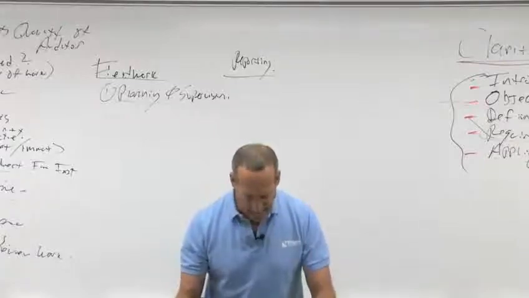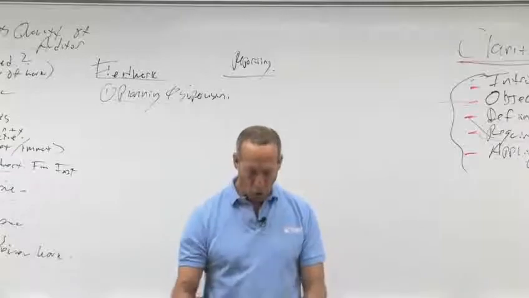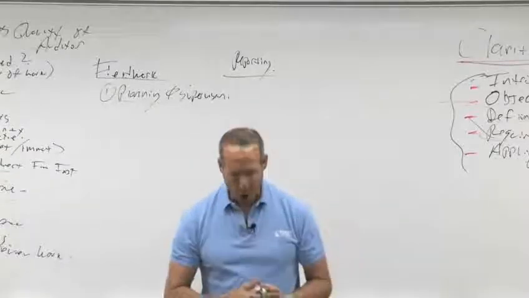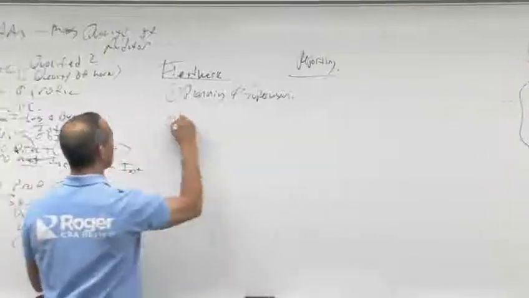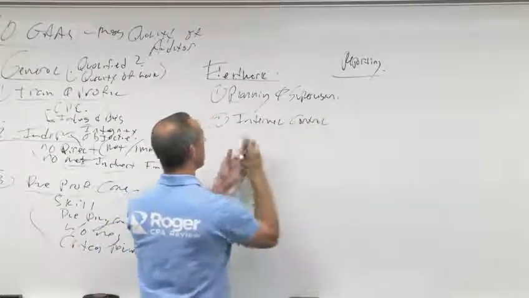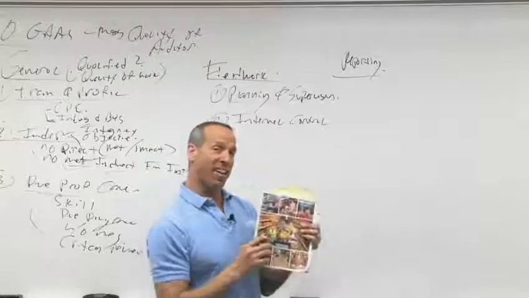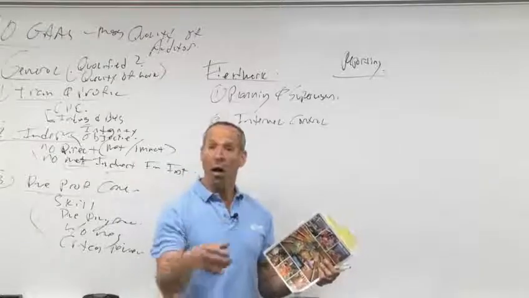The second standard of fieldwork states internal control. Now with internal control, we're going to spend a whole section on this. So down the road, we're going to look at this whole section on just internal control, but this is really important. It says that we need to look at the system of internal control. Now, let's think back. Whose statements are these? Management's. Whose internal control system is it?